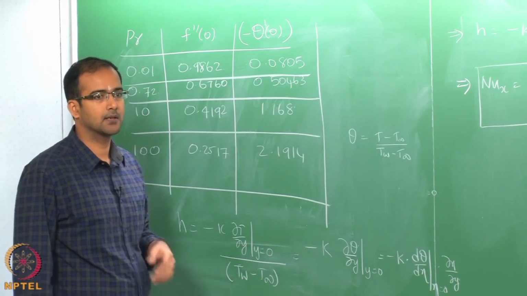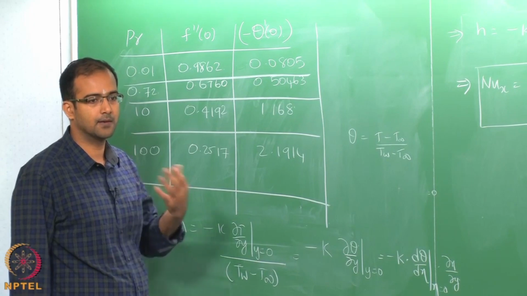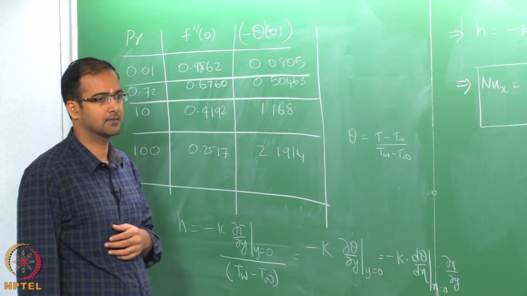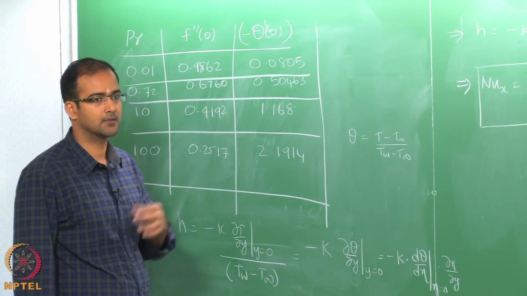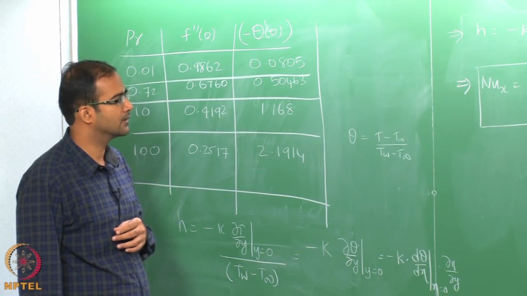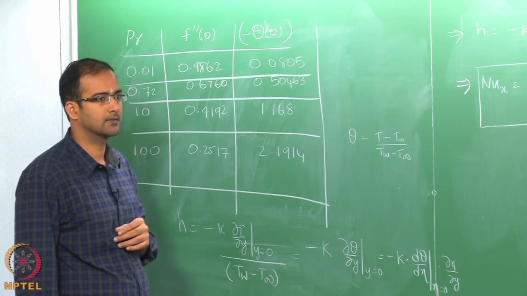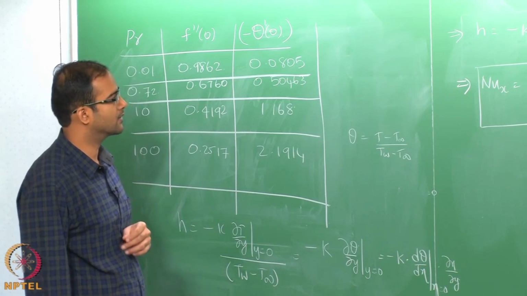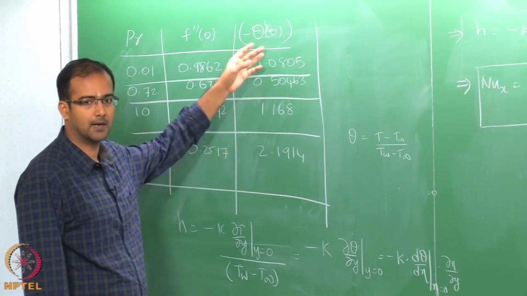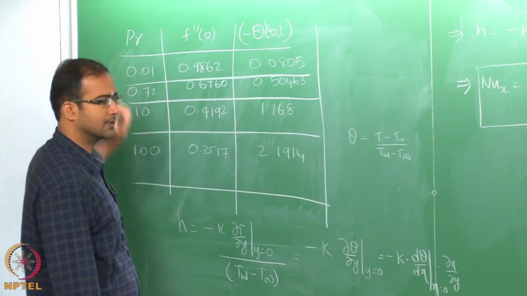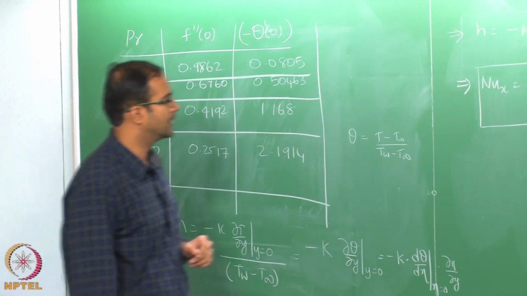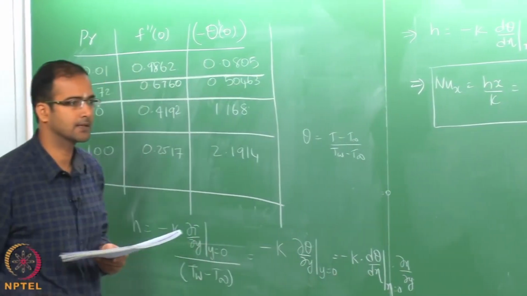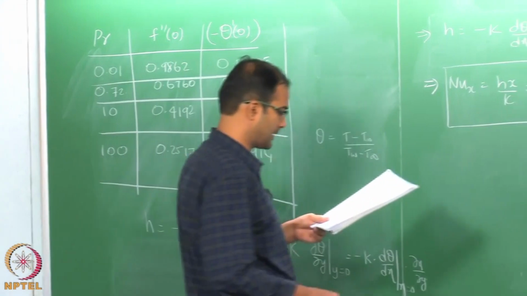So this was done actually by Ostrach. So initially when Pohlhausen solved, he could not solve for so many Prandtl numbers, because he did not have access to numerical techniques. So therefore he stopped with the equation and maybe found just one solution, but it was later Ostrach who extended it to so many Prandtl numbers, Prandtl number much lesser than 1 to much greater than 1, and then he fit a curve to this d theta by d eta as a function of Prandtl number.